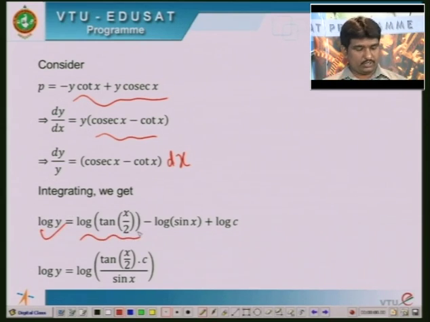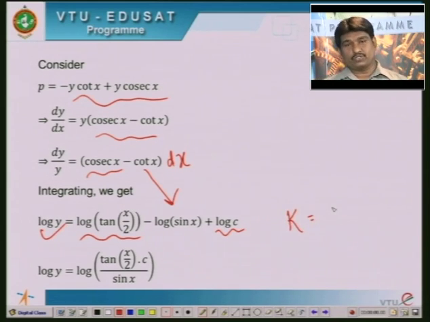Integration of 1 by y is log y, and integration of cosecant x is log of tan of x by 2, or else you can write it as minus log of cosecant x plus cot x, or log of cosecant x minus cot x. In any form you can write the integration of cosecant x. I have written it in simple form, which is log of tan x by 2, and integration of cot x is log of sin x, and I have taken the arbitrary constant as log c, because any constant k, whether it is positive, negative or 0, whatever it may be, any real number k can be written as log a.